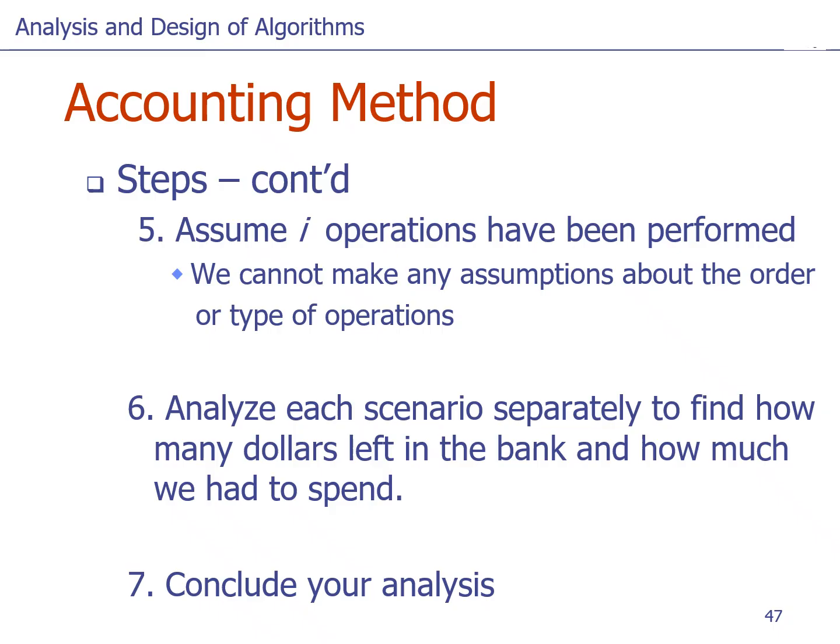After the I operations have been performed, we analyze each scenario, each critical case, to figure out: do we have enough dollars in the bank to pay for it or not? And finally, we conclude our analysis. So let's see an application of these steps to the hash table methods put and get together. I could also have done put, get, and find, but just to simplify it, I'm just going to do put and get.